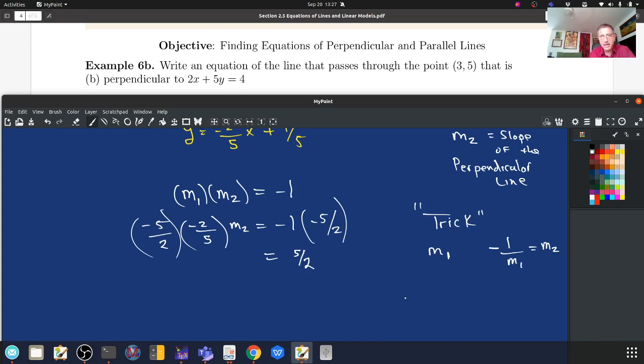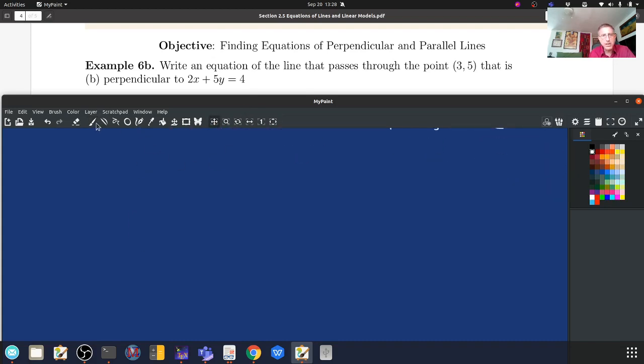So using that here, m1 is equal to minus 2/5. So if I take the negative of its reciprocal, I get 5/2, and that's exactly my desired slope. So I know that the desired slope m2 is equal to 5/2.